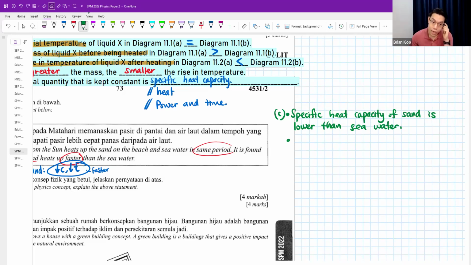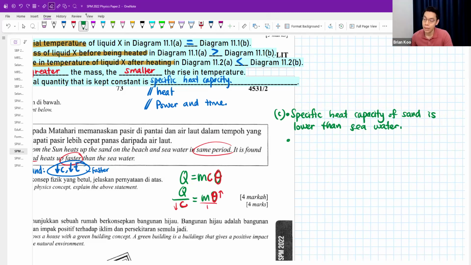The question is trying to ask you, do you know that according to this formula, you are trying to see the relationship of, because their C are different, therefore the temperature change will be different. So please establish the relationship of C and theta. When the C value is down here, you see the theta is on top here. You get an inversely proportional relationship. One up, one down. Okay, 1 up, 1 down. So, okay, specific heat capacity of sand is lower.